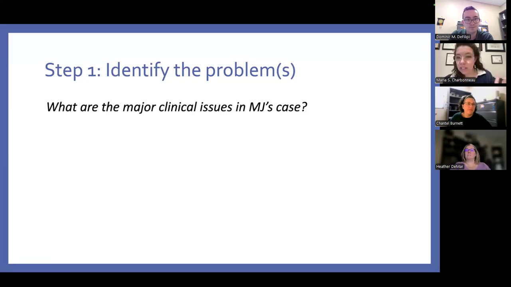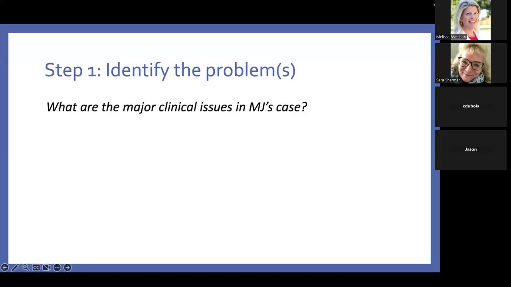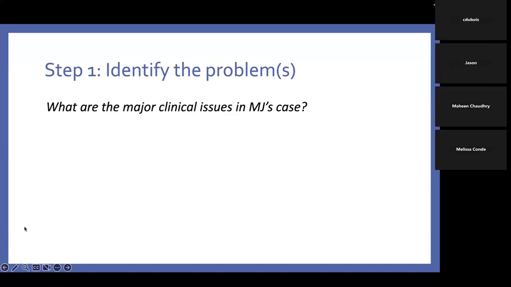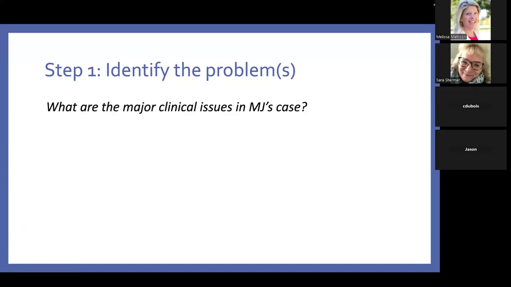So what are the clinical issues in MJ's case that you would want to talk through with a patient? What are the things that you've identified as a problem as the preceptor, as the pharmacist, and that you would want your student to be able to identify? And again, feel free to write in the chat or to speak up.